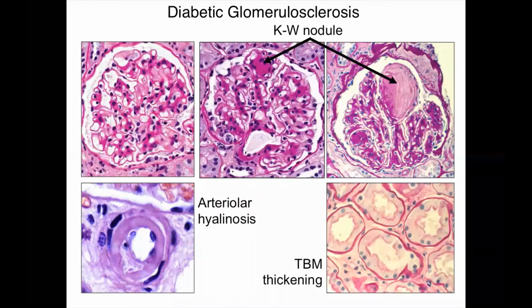When we have hyperglycemia, we can get glycation of the blood vessels, meaning they get glycosylated.